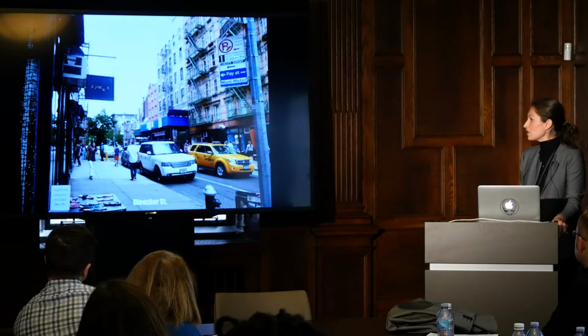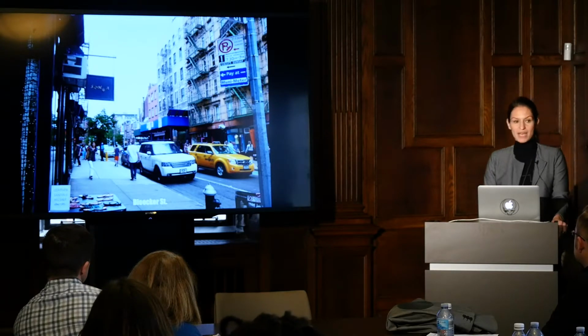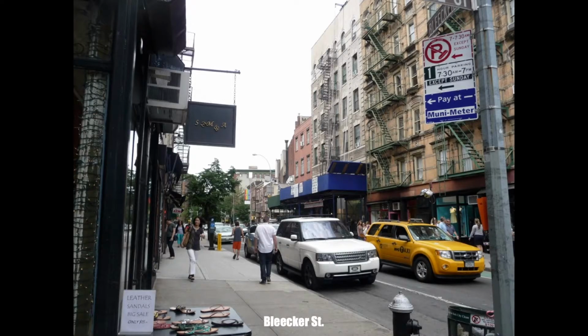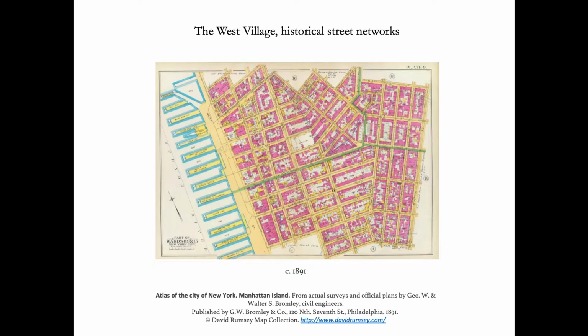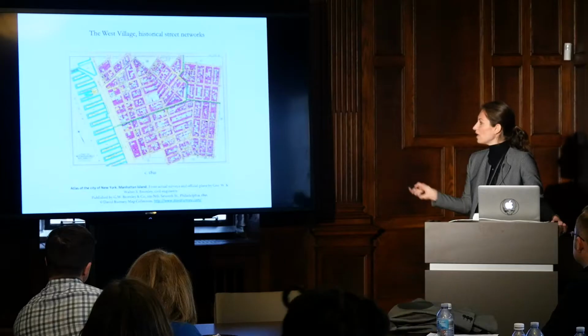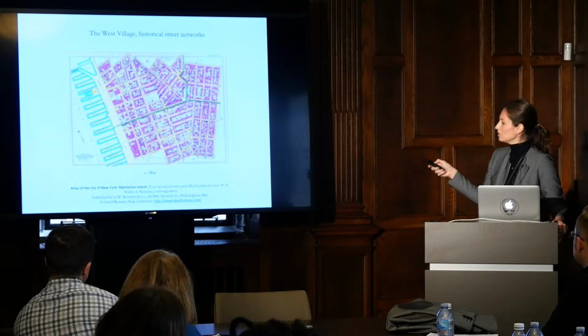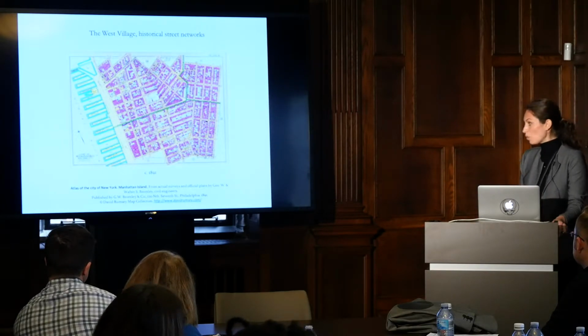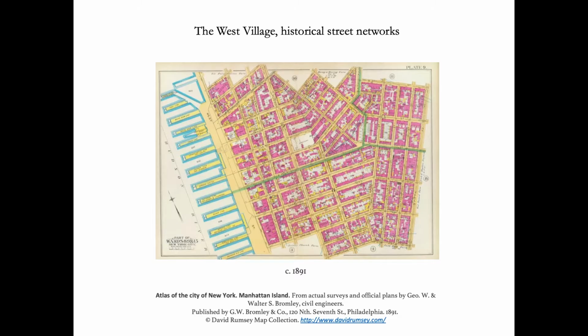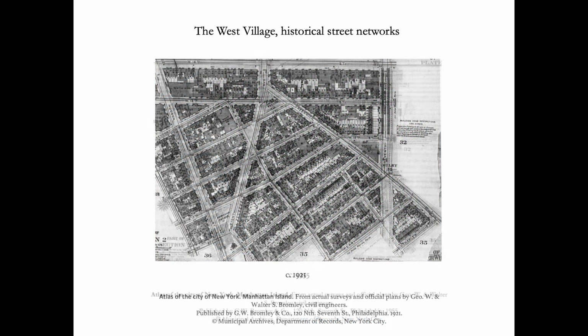So Bleecker Street is one of the streets that is being mentioned by Lockwood in Bricks and Brownstones as one of the very early streets that was known in Greenwich Village. So it is a historical street. And I was interested in, again, whether that was the case historically. So I recompiled the Bromley sheets of a map altogether to map the historical street networks in New York.